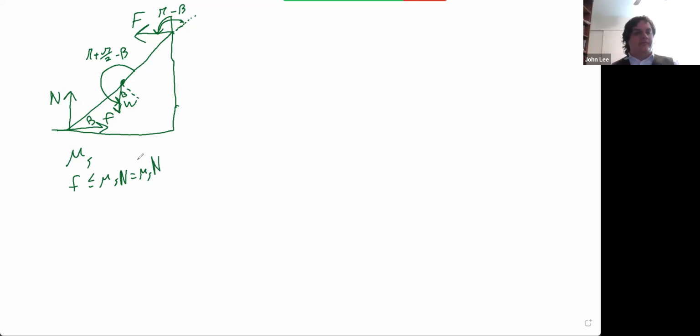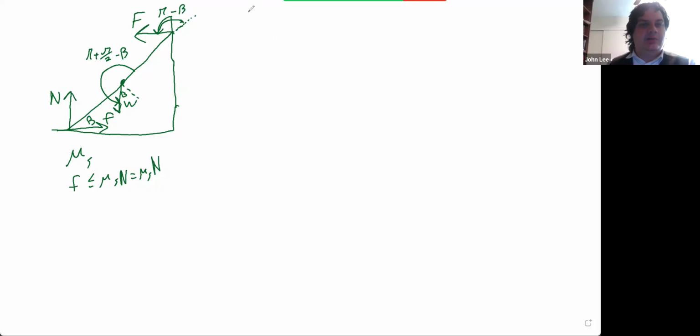We're looking for the case where if we go a little bit lower with our coefficient of static friction, it's going to fall down. So we're looking for it to be exactly equal to mu s times N.